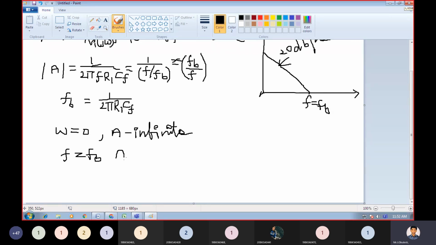The gain is unity. If the gain of the integrator is unity, then the gain is 0 decibels.